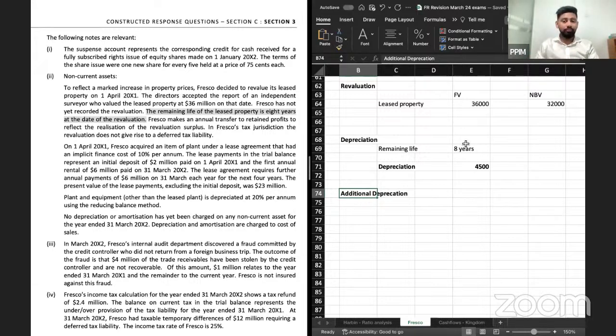That can be done, not a problem. IAS 16 permits that. IAS 16 says if there is additional depreciation after revaluation, you can set it against the revaluation surplus itself. So now we need to understand how much is the additional depreciation.